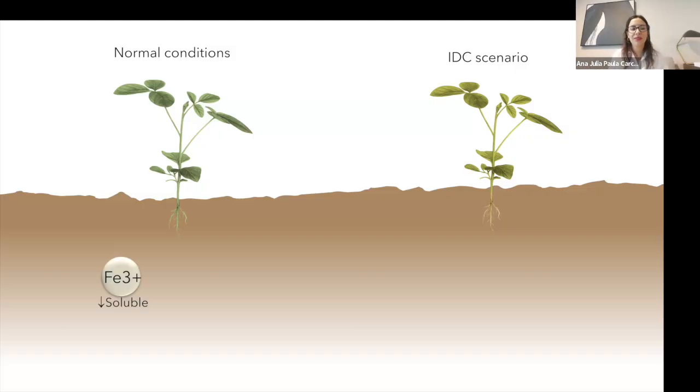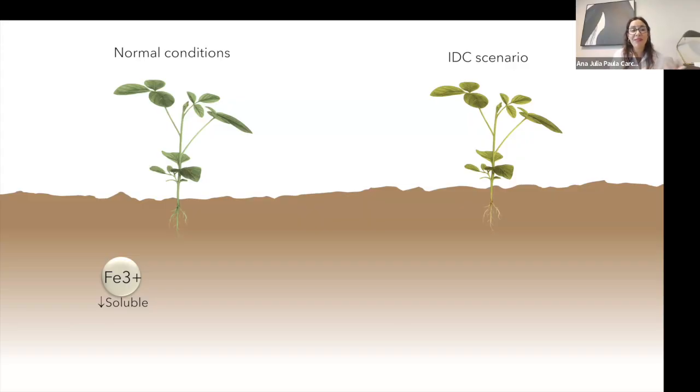In normal conditions, where the plant is healthy, in the soil the iron is in an iron 3+ form. We are going to take a trip to the past, go back to high school and remember a little bit of the chemistry that we had there. The thing with iron 3+ is that it's not really soluble and the plants cannot absorb it.